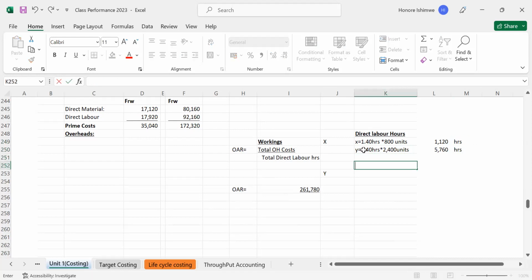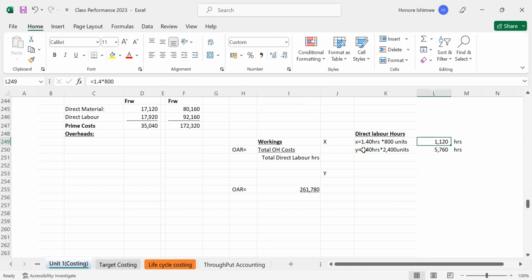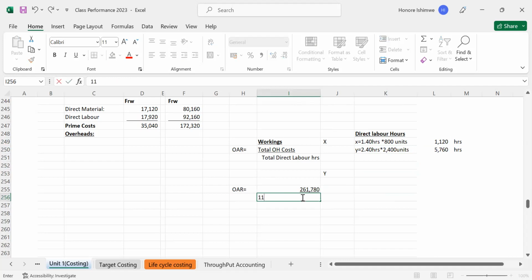So now, for the overhead absorption rate, I know my direct labor hours are 120 and 5760. Now I have my total labor hours, which will be 120 plus 5760.